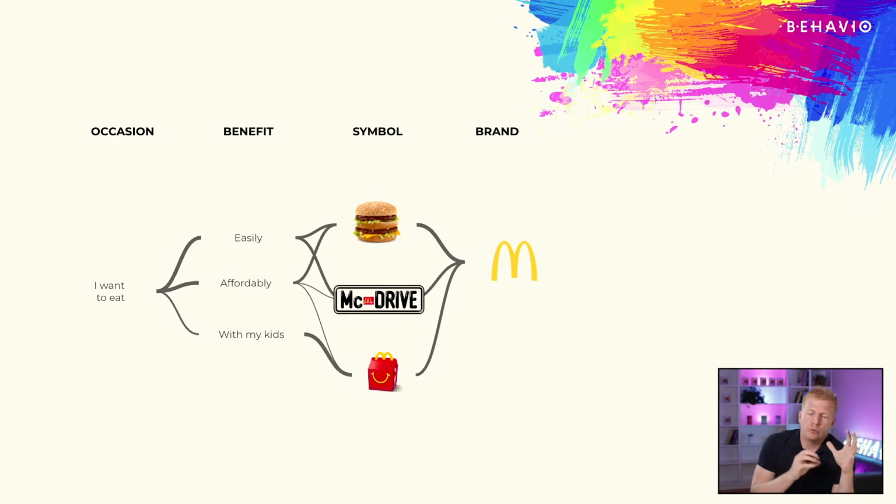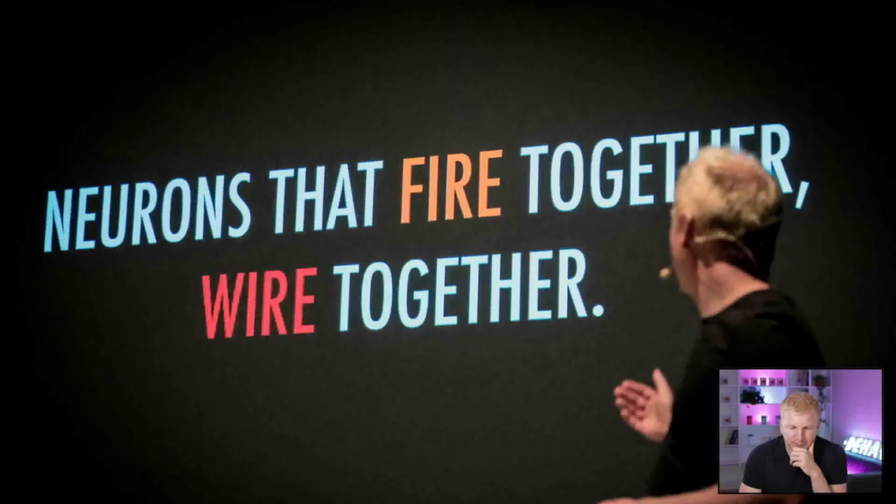And if you want to glue them to the brand, to really connect them, you need to have some distinctive, unique symbols which help you connect the brand to the need in a way that only your brand gets retrieved and not your competitors. So for example, when I want to eat with my kids, and I've already seen an ad or bought this Happy Meal, I'm more likely to think about McDonald's because it's a strong memory and it strengthens the neural pathways to my brand.